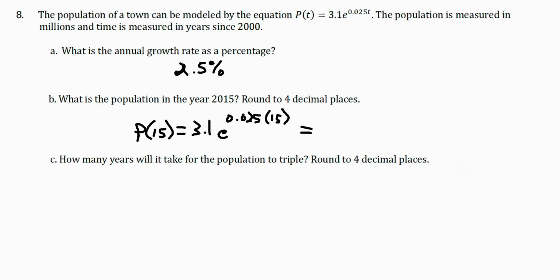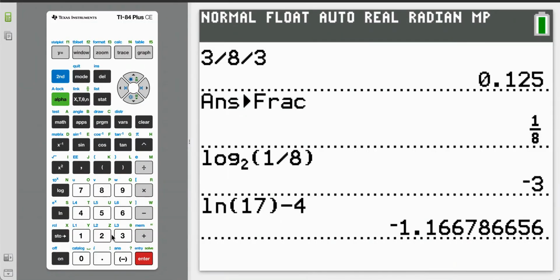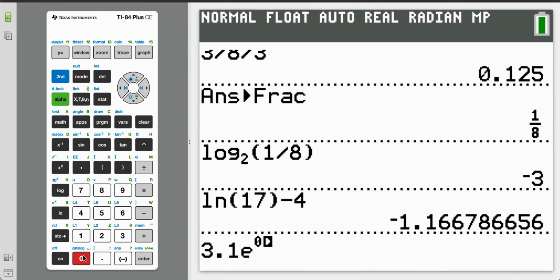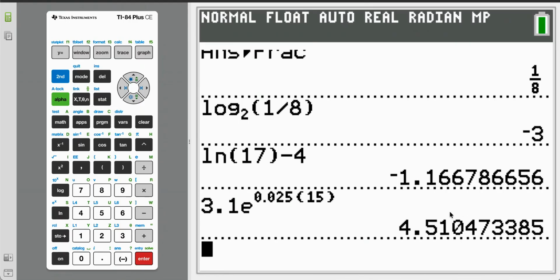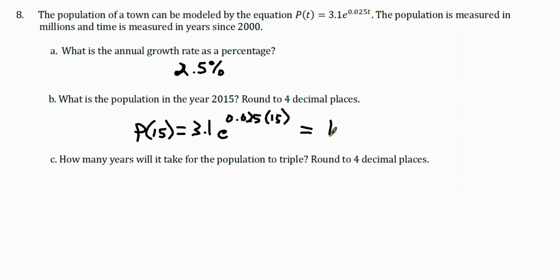So if we put that into the calculator, 3.1, remember e is right here, second divide, 3.1 times e to the 0.025 times 15 power. And again, let's round to 4 decimal places. So this would be 4.5105. And remember, this is in terms of million. 4.5105 million.